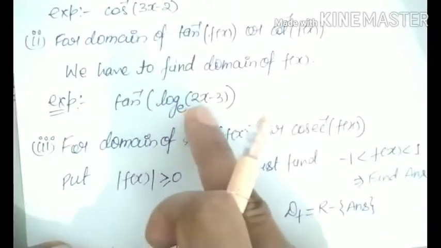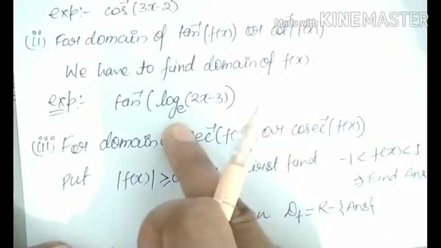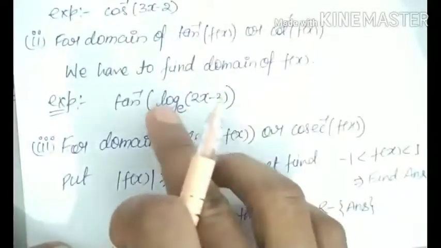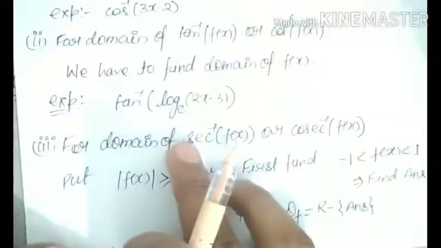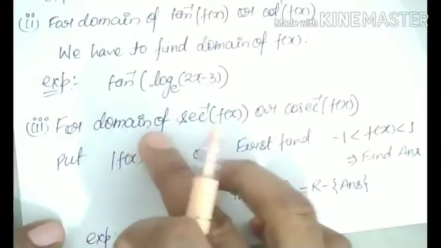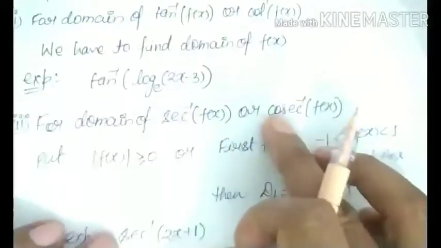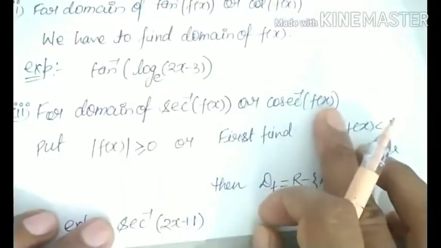This is an example of this concept: tan inverse log of 2x minus 3 to the base e. For finding the domain of the whole function, it is sufficient to find the domain of the inner function. That is the concept.